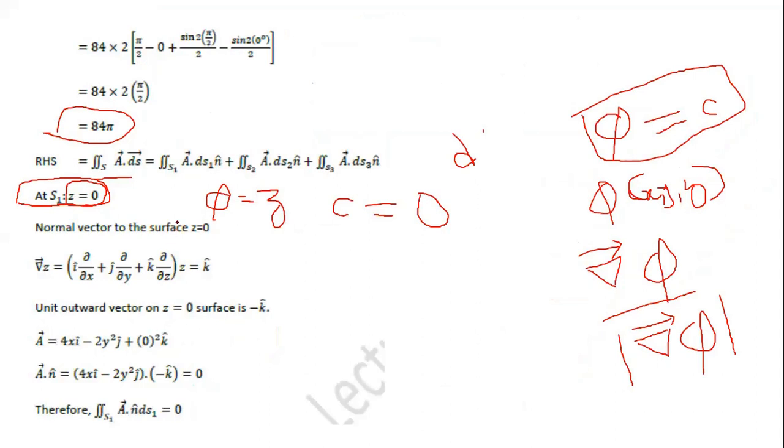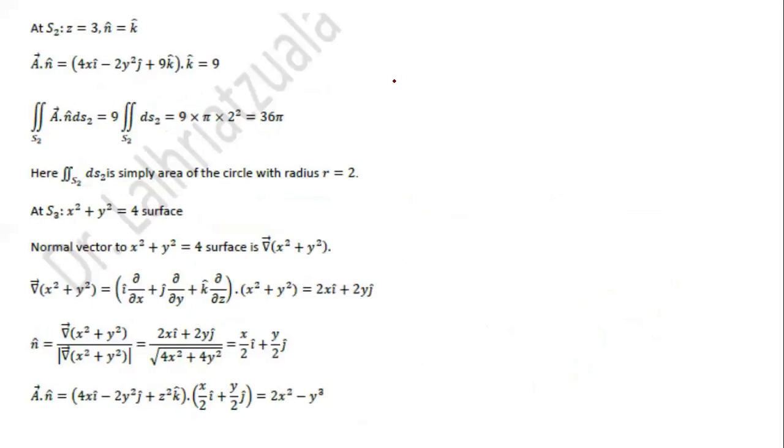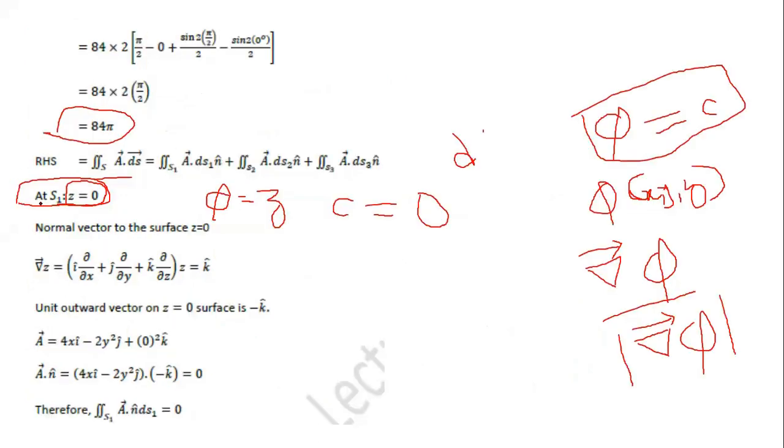In your A vector, what was your A vector? It was 4x i cap minus 2y squared j cap plus z squared k cap. On the surface z equal to 0, the z value is always 0 for every point there, so you simply put z equal to 0 for the bottom surface S1.